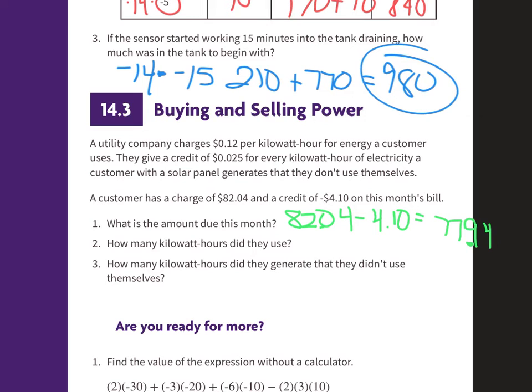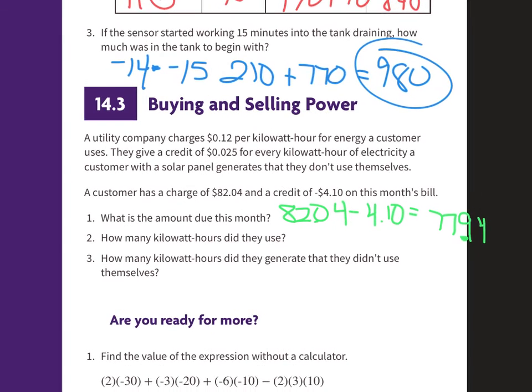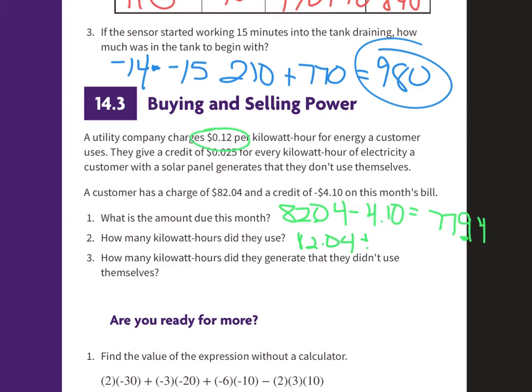Well, 82.04, that was how much they were charged. So 82.04 divided by the 12 cents per kilowatt hour. So divided by 0.12, so 82.04 divided by 0.12, 683.66666 hours.